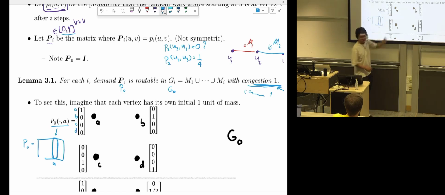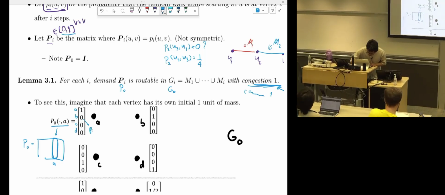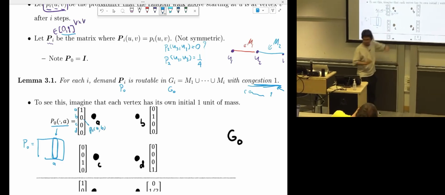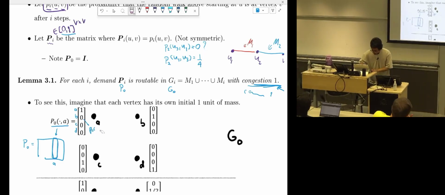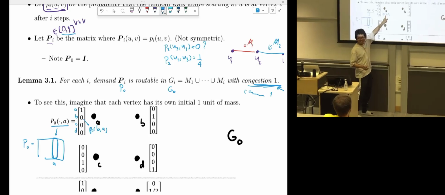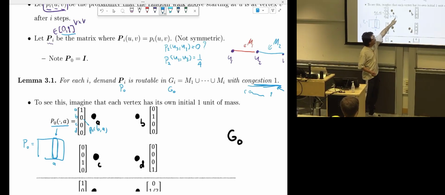This is column A, so it's the probability mass from B that goes to A at time 0. So this is 0, this is P_0(C,A), P_0(D,A).